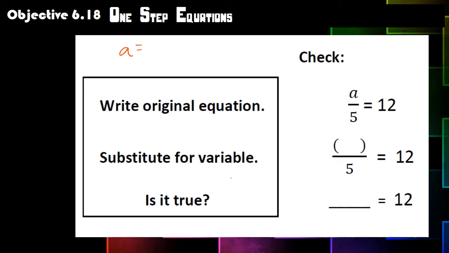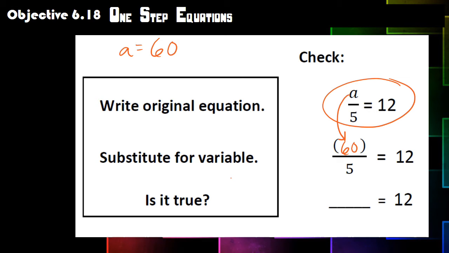So we said a was equal to 60. So what we did was we rewrote our original equation. We're going to substitute a. So our value for a was 60. And then we can do 60 divided by 5.